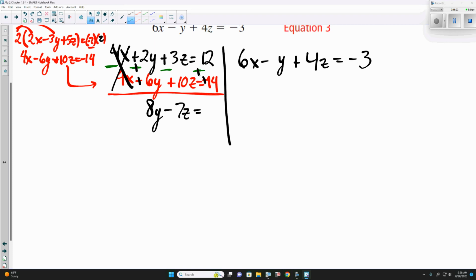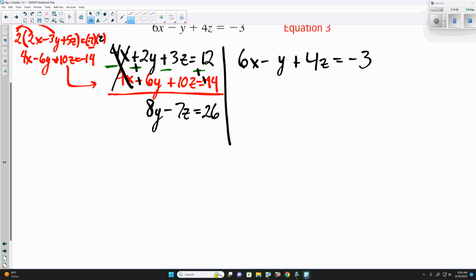The negative and negative do make a plus, which is 26. So I've taken two of the equations and used elimination. Now I have one equation with two variables.